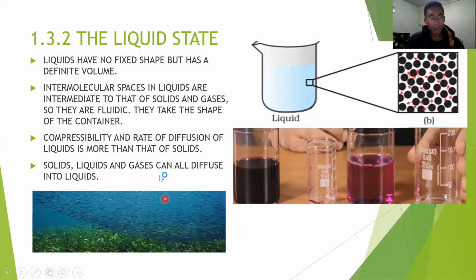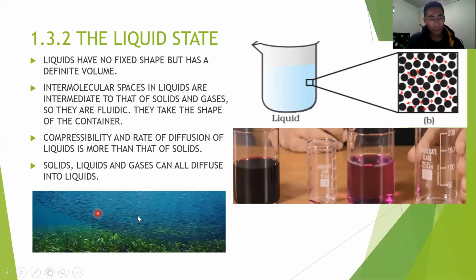Now these fishes also need oxygen, but they cannot get it from air, right? Because they don't have lungs. Instead they have gills, so they get the oxygen from the water, the oxygen that is dissolved in water.